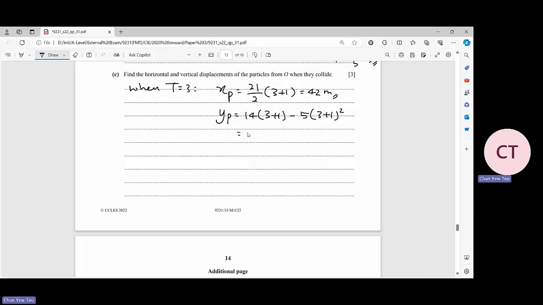So for this one, press the calculator. You get 14 times 4 minus 5 times 16, negative 24.